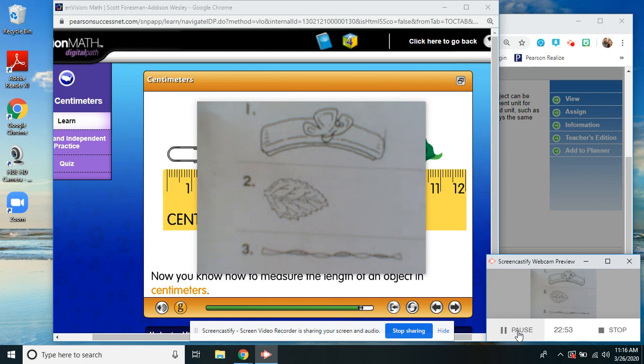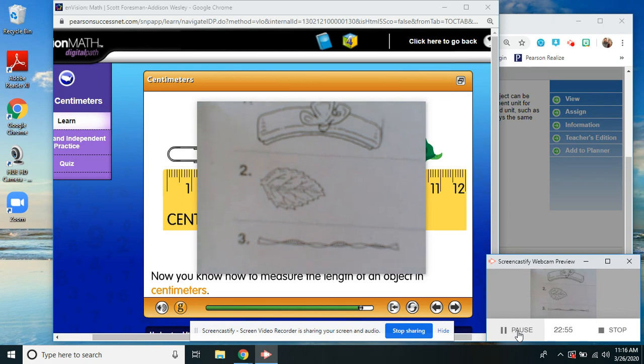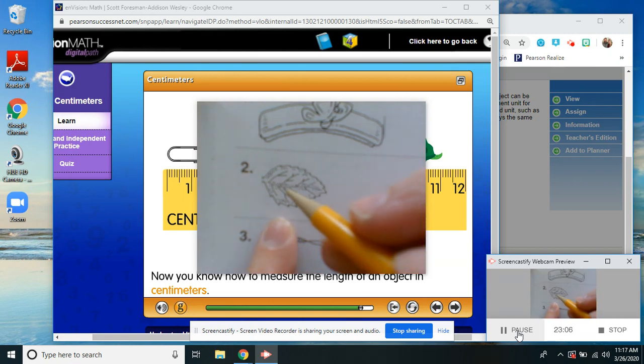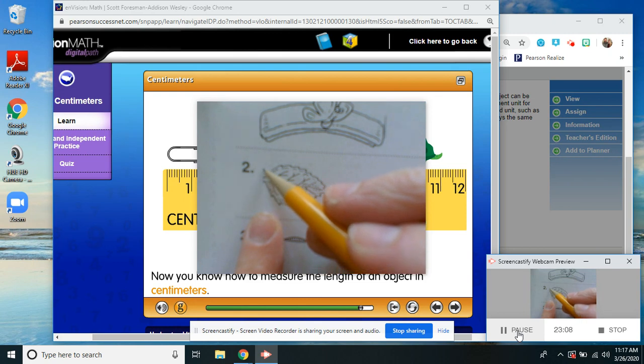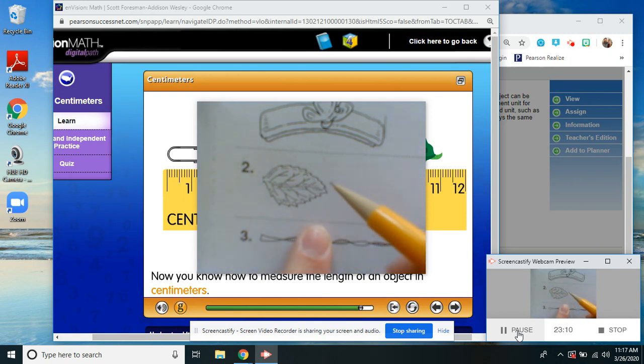You can put down a different number. What do you think it is? Be realistic. Don't say 1,000. Don't say 100. All right? I know some of you can be so silly, but we need to just try our best. What do you think that this leaf will measure in centimeters?